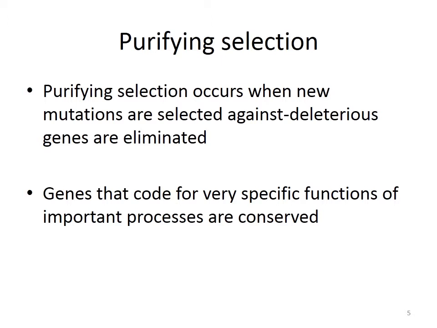So you can see why a mutation in one of these is going to be selected against, because it probably causes potentially the non-replication or non-viability of an organism. So the genes that code for histones are very, very conserved.